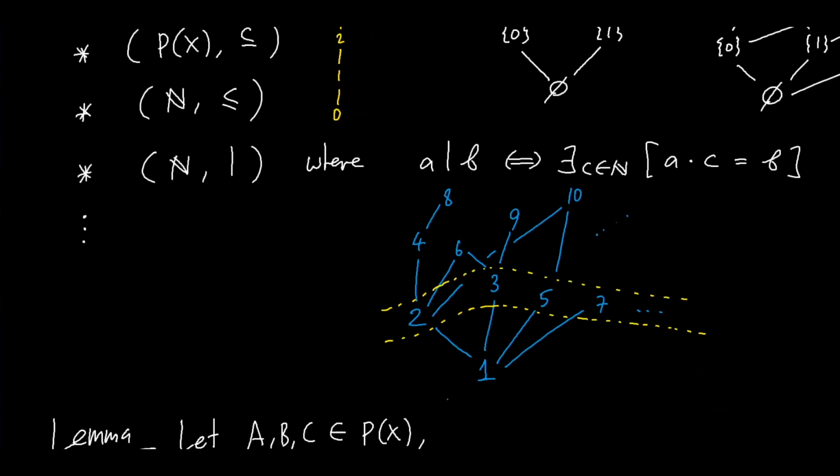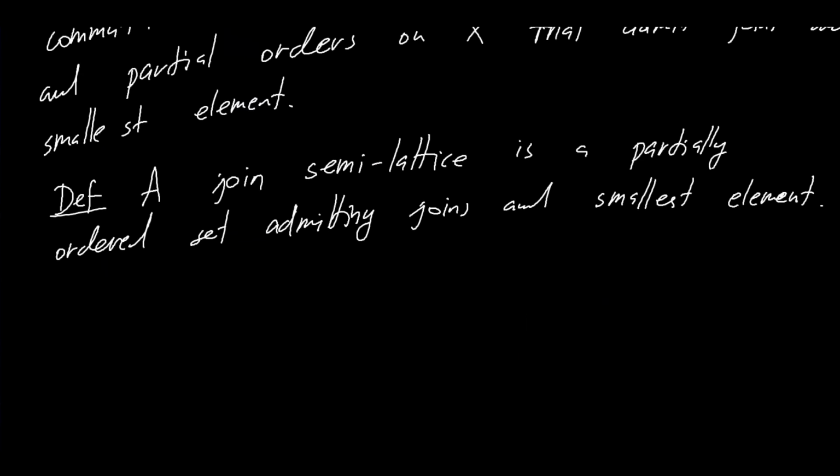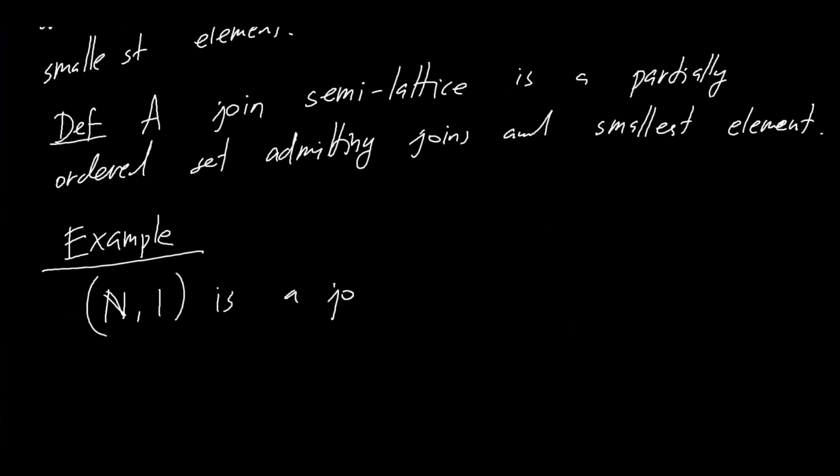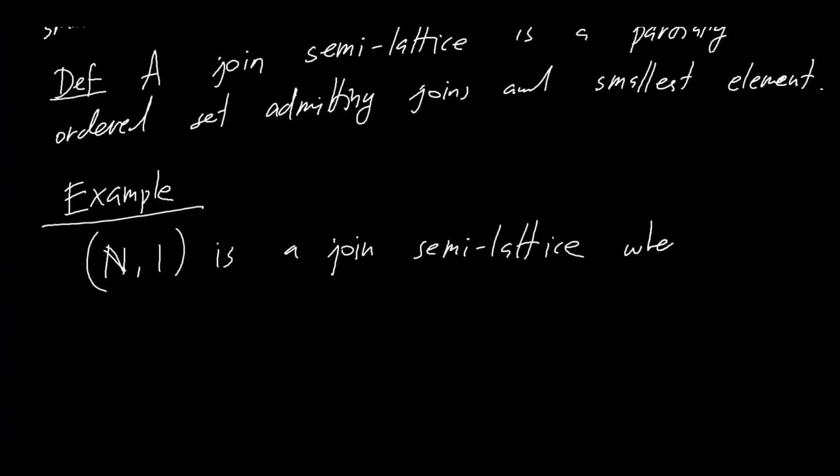Okay, so for it to be a join semi-lattice, it needs to admit joins. Can you guess what would be joins for the divisibility relation? So for the divisibility relation, a number join another number will be what?